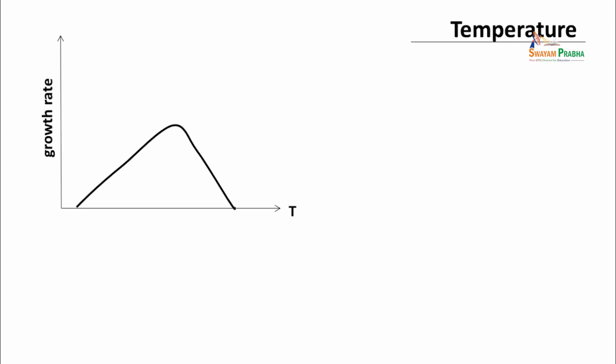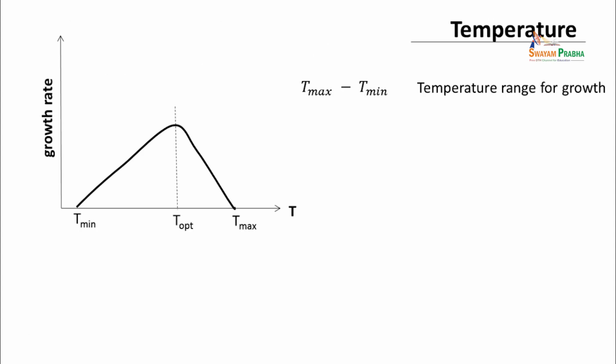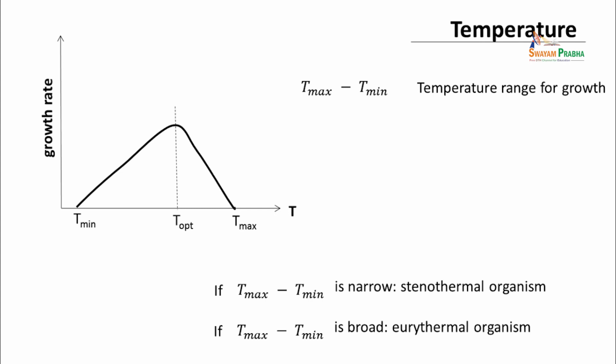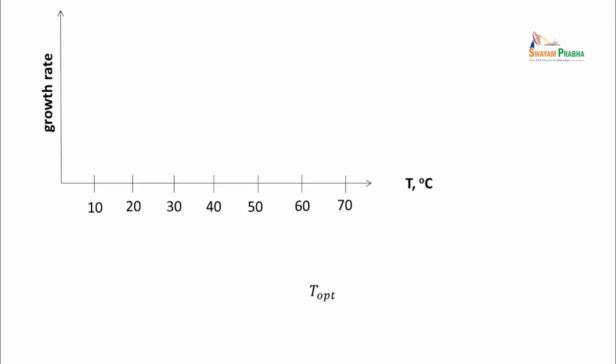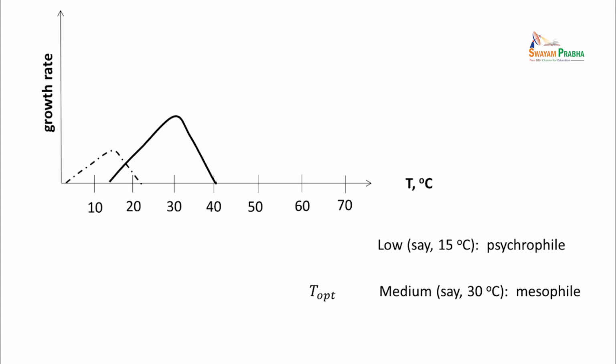We had seen some details of temperature, the kind of organisms, depending on whether their temperature range of growth is narrow, stenothermal, or broad, eurythermal, and whether the organism is mesophilic, with an optimum temperature around 30 degrees C, psychrophilic, optimum temperature 15 degrees C, or thermophilic, optimum temperature 60 degrees C.